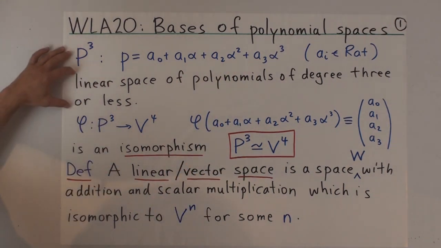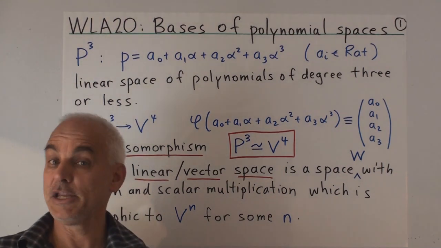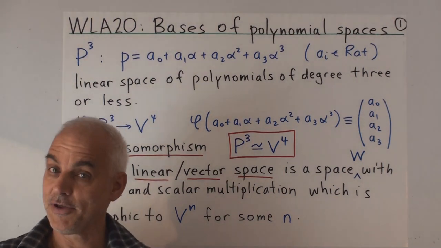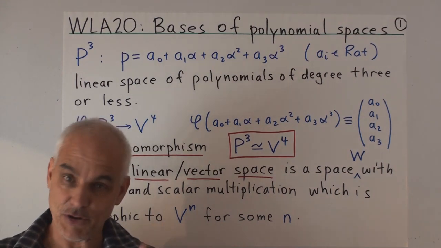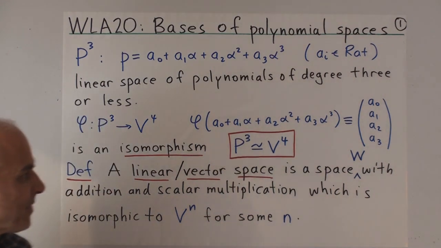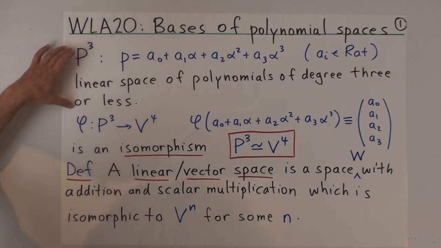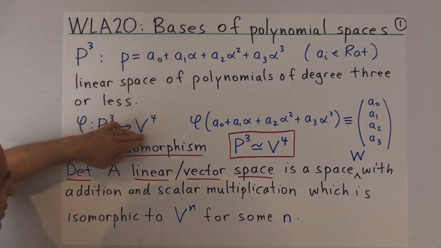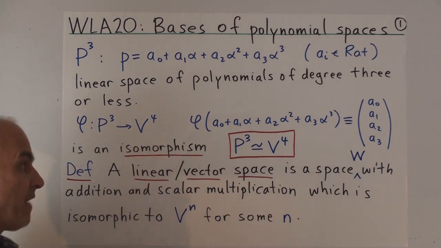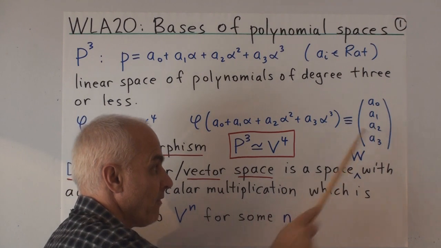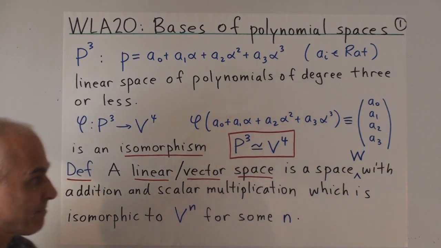Now, this space of polynomials is a linear space because we can add polynomials and we can scalar multiply polynomials. And as a linear space, this is really isomorphic to what we've been talking a lot about, four-dimensional vector space of column vectors with 4 entries.